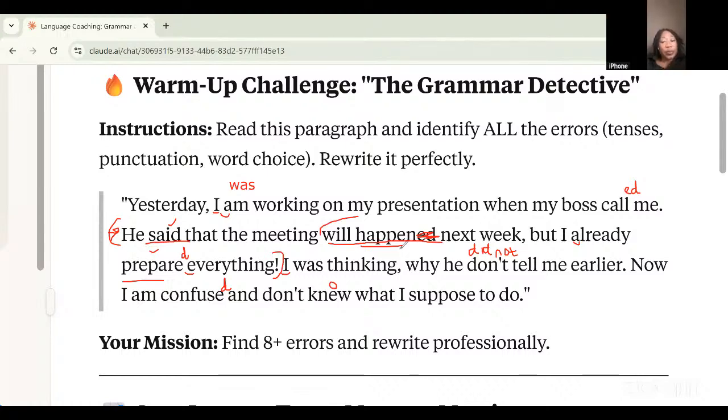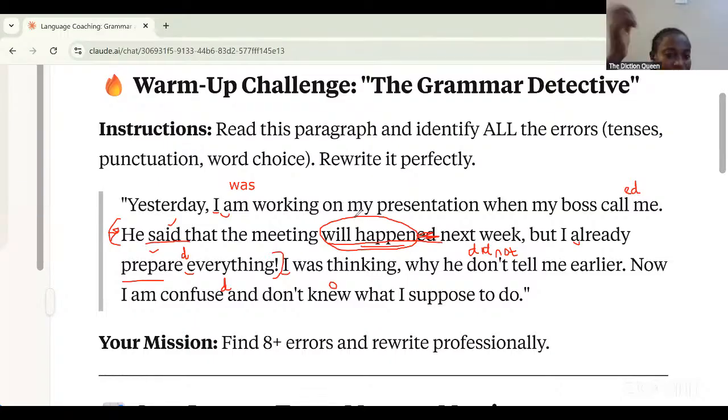It is the writer who made the statement. That's why we have he said. The writer is writing, but referring to what the boss had said. She said, he said. Pay attention to that.